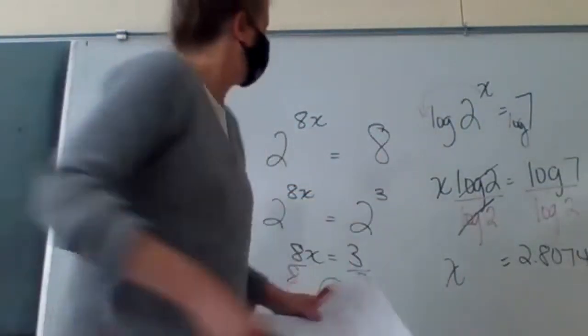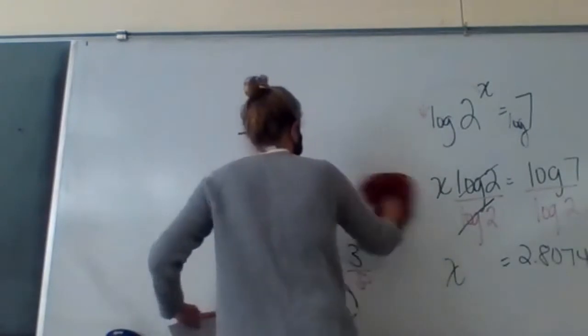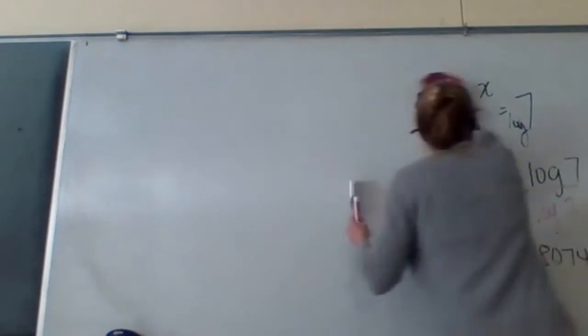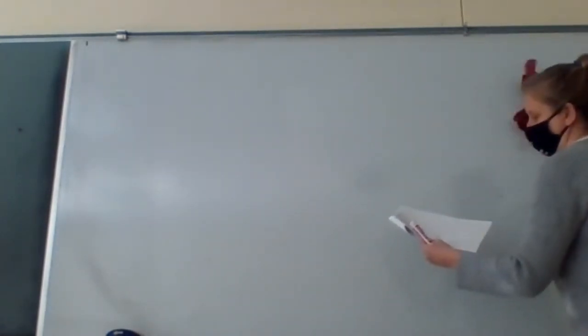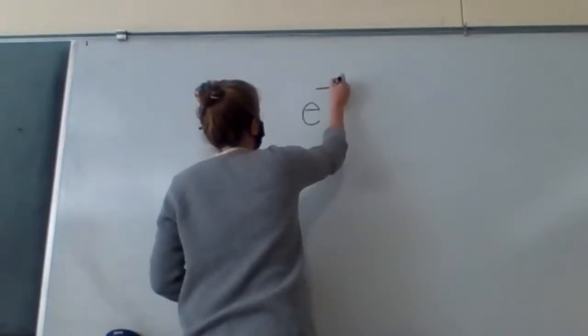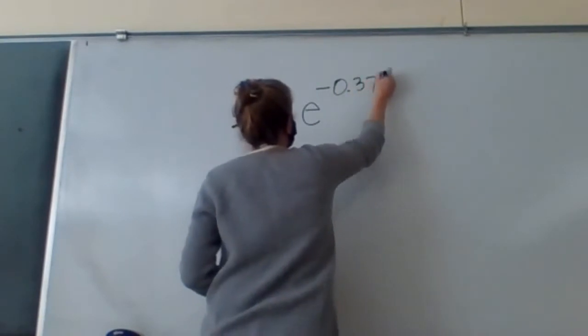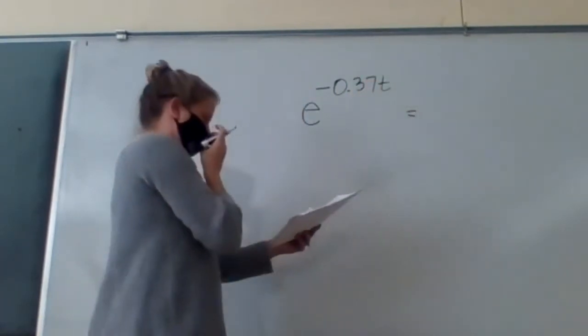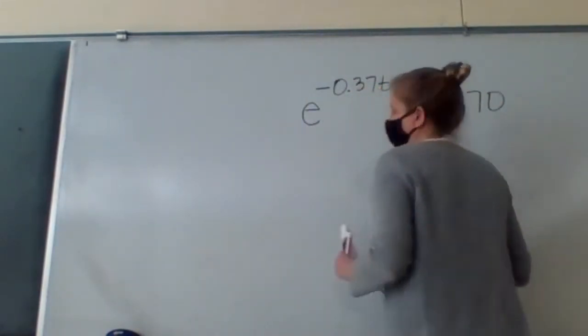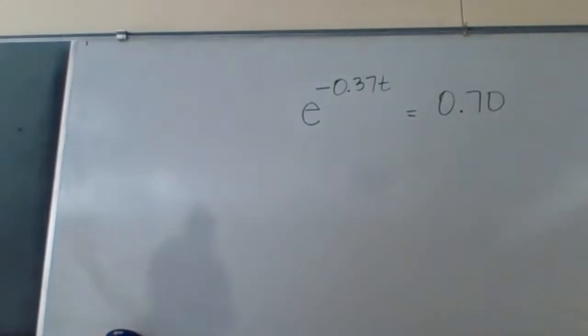Number 24. Solve for t, and t is going to be in the exponent. I've got e to the negative 0.37t equals 0.70. So let's see, again, I need to bring that t out.